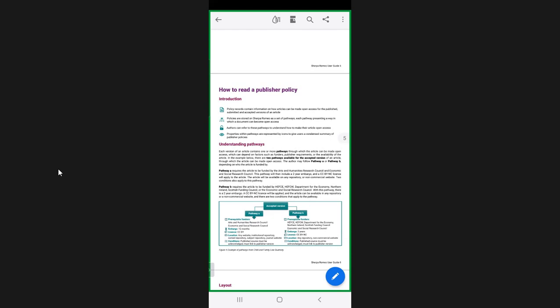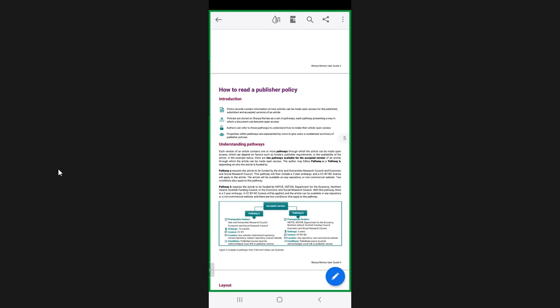In pathway A, the embargo is for 12 months. Embargo means the time period for open access. That will be 12 months. And in case of pathway B, it is for 24 months.